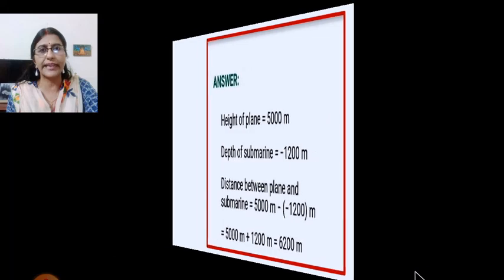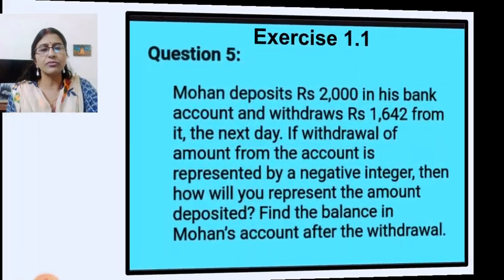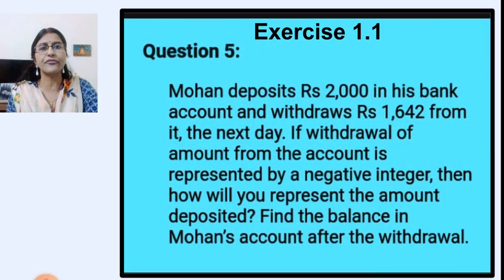Now let us go to the next question. This is exercise 1.1, question number 5. Mohan deposits rupees 2,000 in his bank account and withdraws rupees 1,642 from it the next day. If withdrawal of an amount from the account is represented by a negative integer, then how will you represent the amount deposited? Find the balance in Mohan's account after the withdrawal.